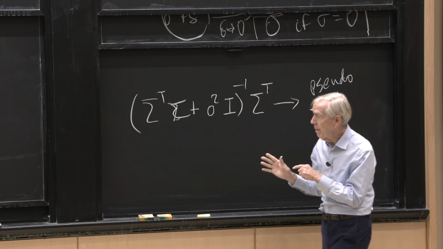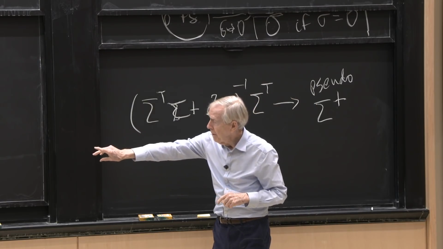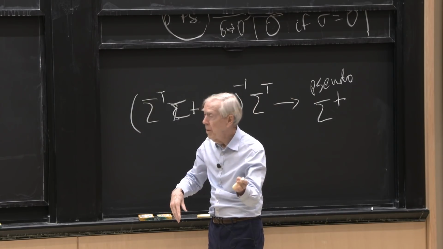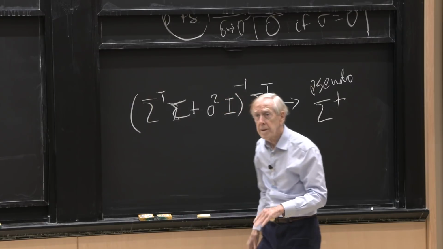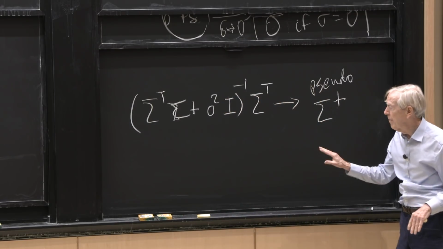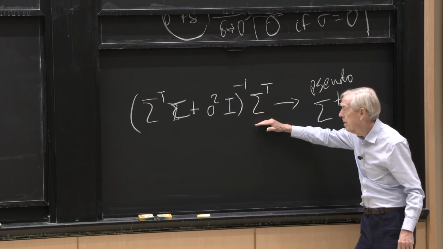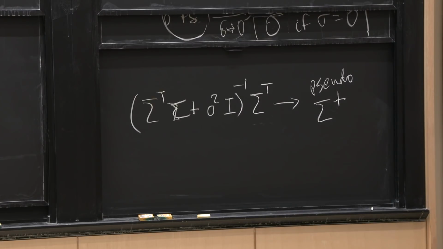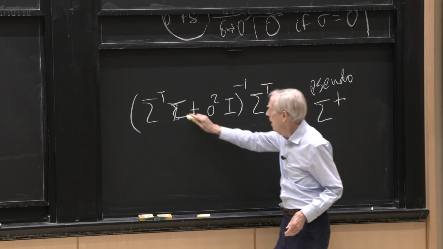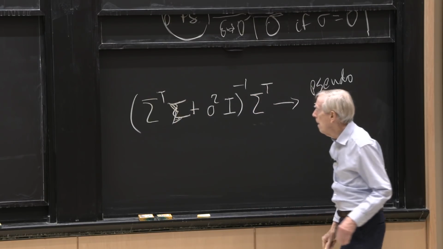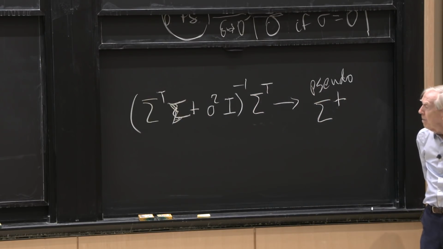You had to take my word that when I plugged in the SVD, the U and the V got separated out to the far left and the far right, and it was sigma that stayed in the middle. So this is the heart of it. That's a diagonal matrix, so I'm just looking at what happens on each diagonal entry.